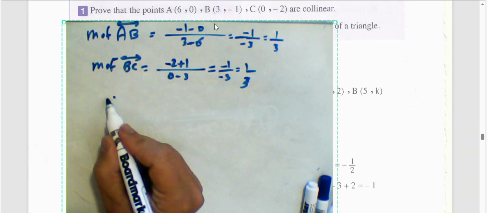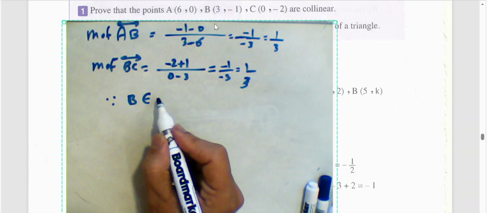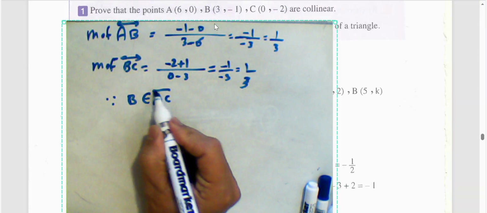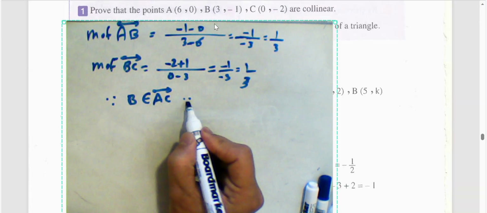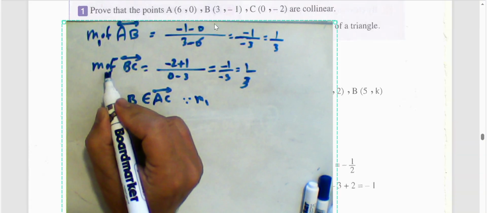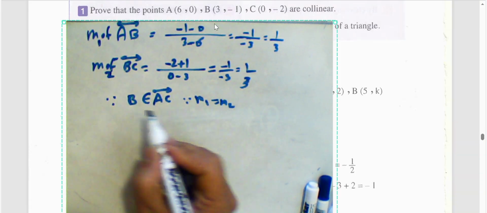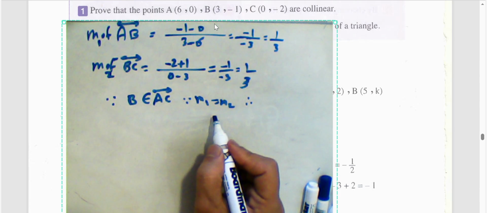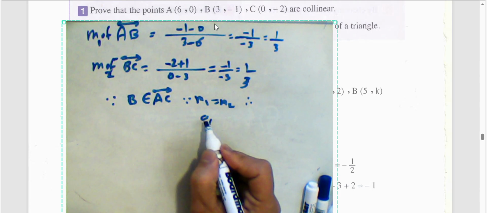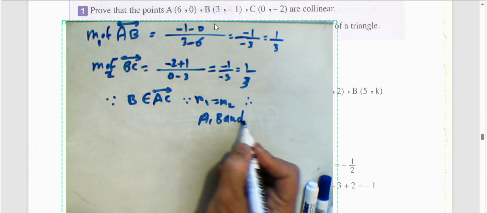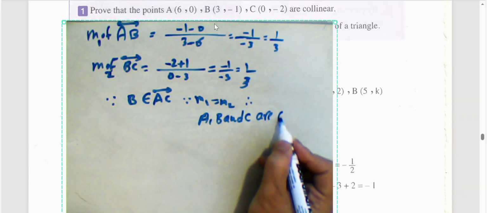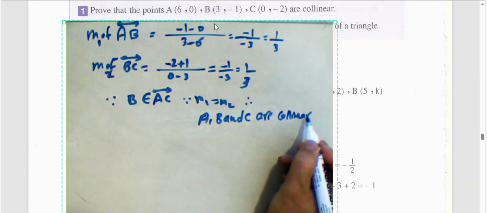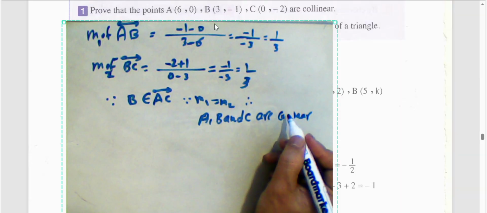They are equal, since B belongs to both straight lines AB and BC, and M1 equals M2. Then the slopes are equal, meaning A, B and C are collinear. They are collinear.